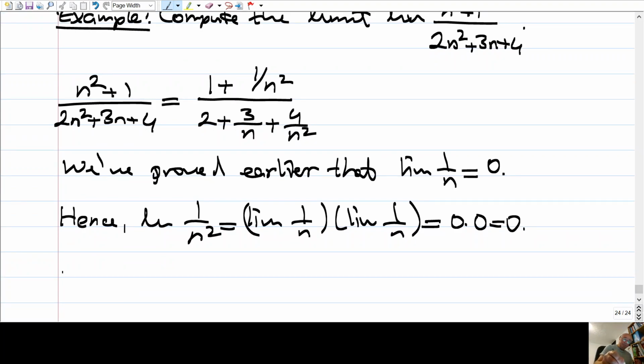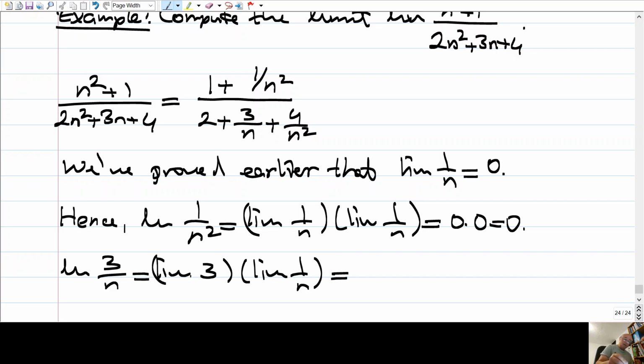And then I have the limit of 3 over n. This is just the limit of the constant sequence 3 times the limit of 1 over n. What is the limit of the constant sequence? Well, it doesn't go anywhere, so the limit is just 3, right? You may also prove why the limit of a constant sequence is just that constant.